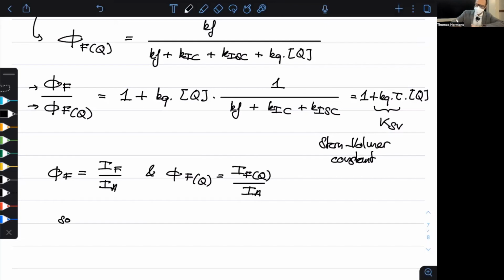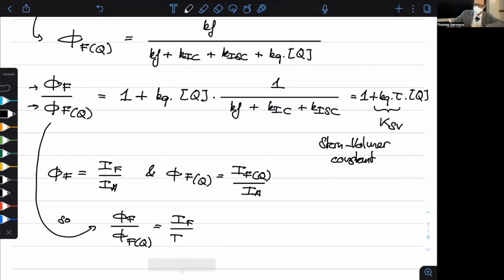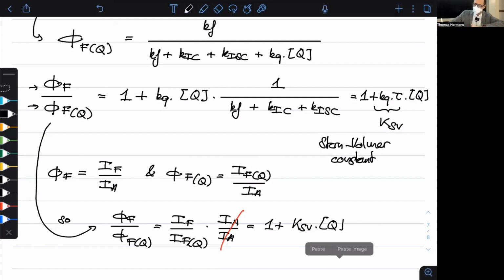So if we write this thing again, theta F over theta FQ, this will be intensity of fluorescence over intensity of fluorescence with the quencher times IA over IA, which we can scratch out. And this will be 1 plus K Stern-Volmer times Q.